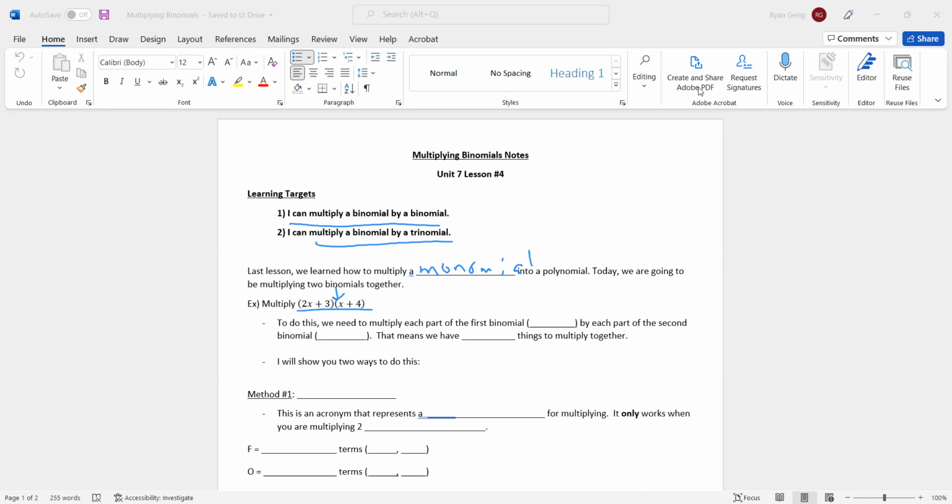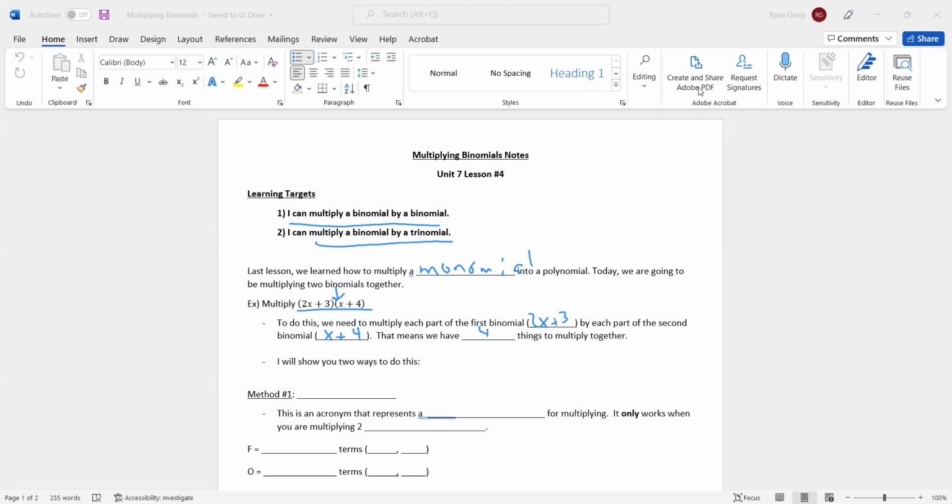To multiply these two binomials, we need to multiply each part of the first binomial, which if you didn't catch it is 2x plus 3, by each part of the second binomial, which is x plus 4. Each of those binomials by name has two parts. That means if we're multiplying everything together, we're actually multiplying 4 things together.